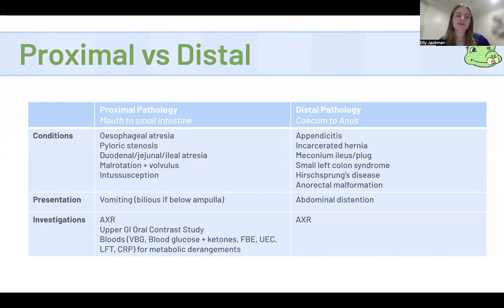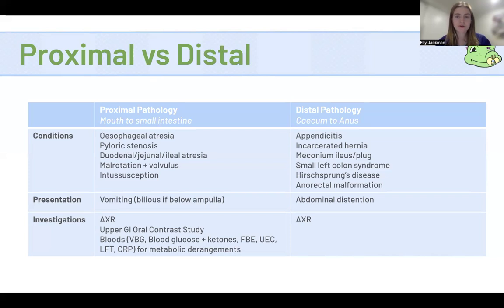It'll often present with vomiting, bilious vomiting if it's below the ampulla. An important thing to consider with bilious vomiting is that this is always a red flag, always warrants urgent Ped Surg referral, and it should be considered bowel obstruction until proven otherwise.